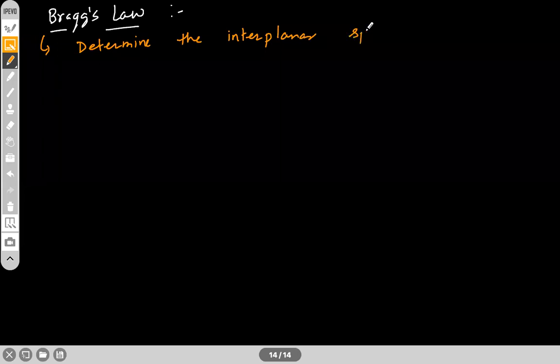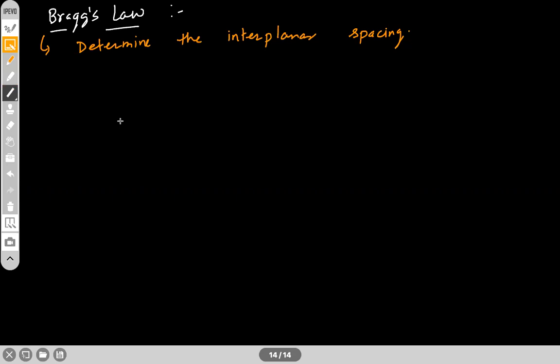Bragg's law is used to determine the interplanar spacing. What is interplanar spacing? Suppose we have a crystal and we have a layer structure over here.